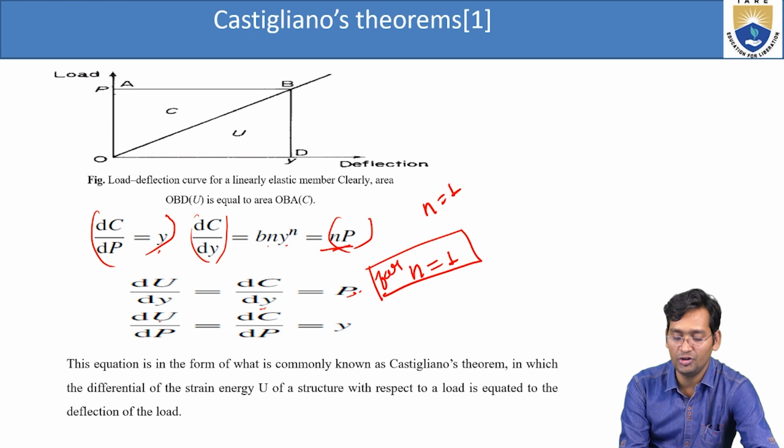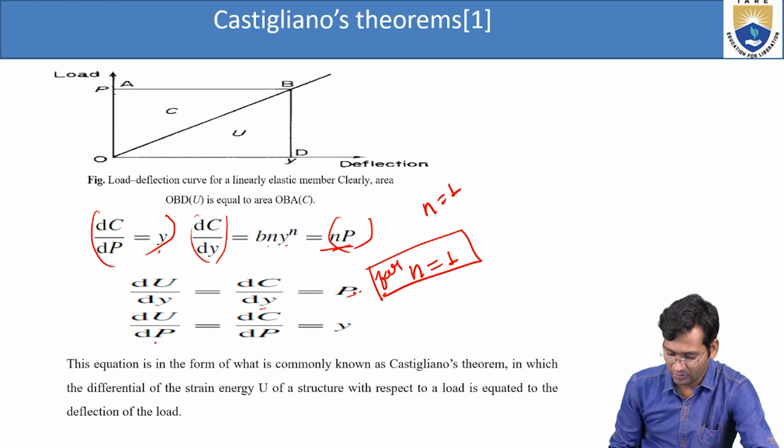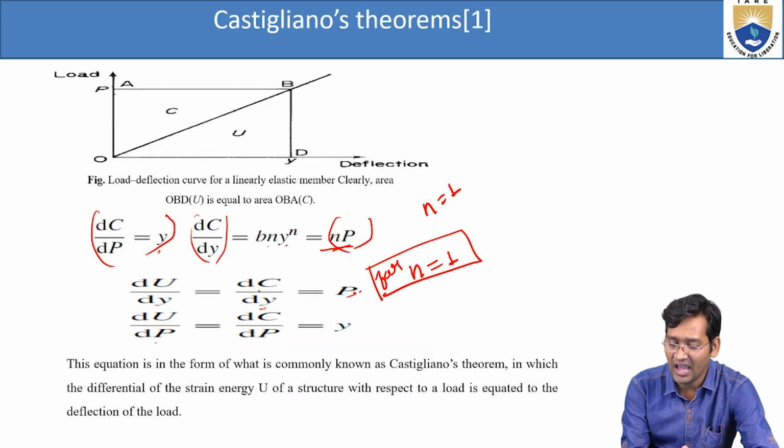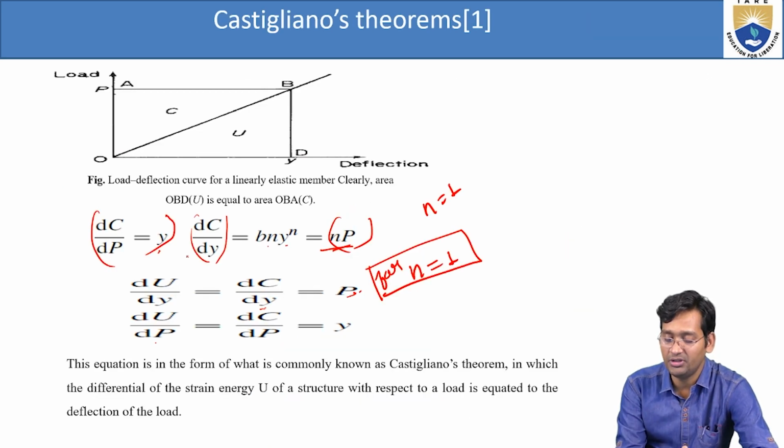Okay. Similarly, dU by dP is what? dU by dP is 1 by n. So if we put here 1 by 1, that also is 1. So dU by dP is y, and here dC by dP is what? That also is y. So dU by dP equals to dC by dP equals to y, right?